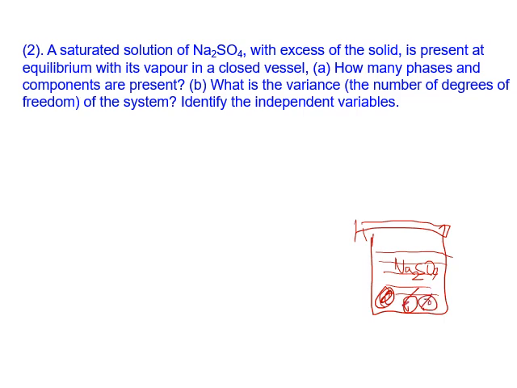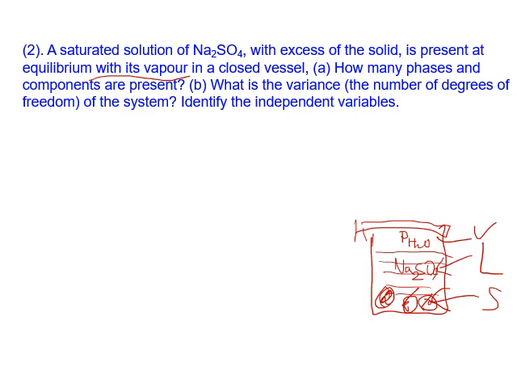The question is how many phases and components are present. You have the solid sodium sulfate, you have the liquid, and it says in equilibrium with the vapor, so you also have a vapor phase, the water vapor pressure.